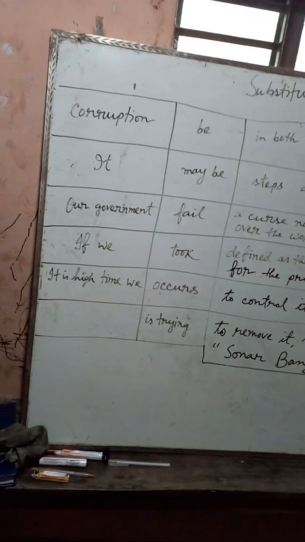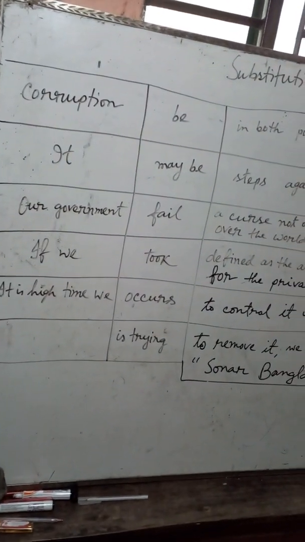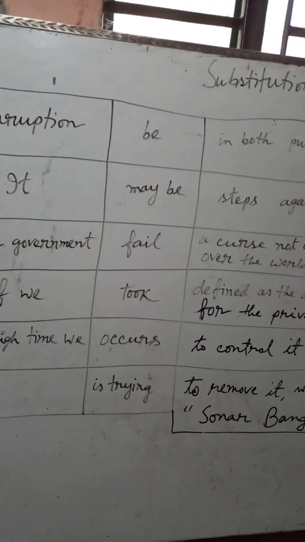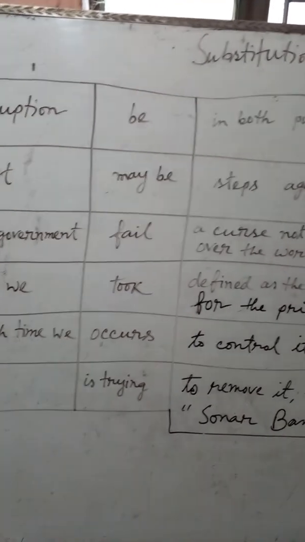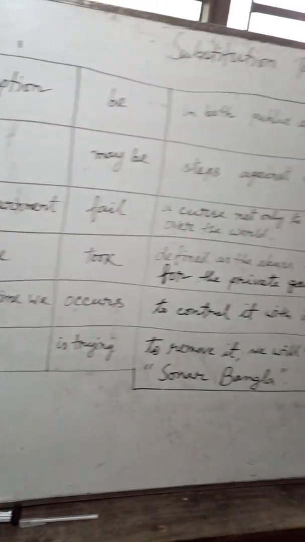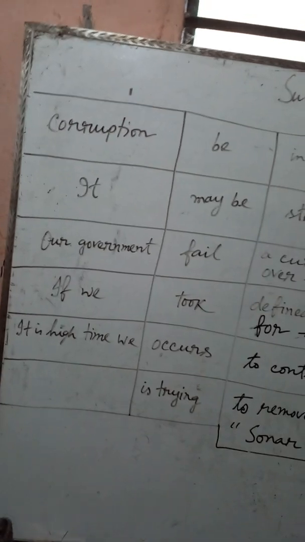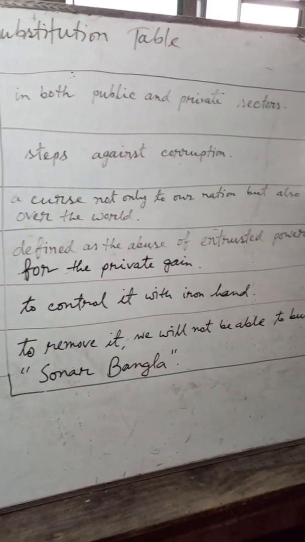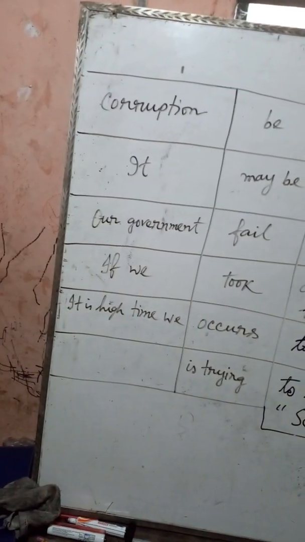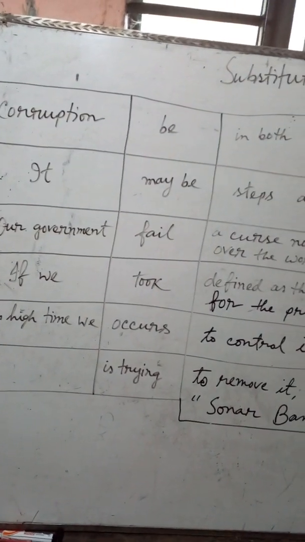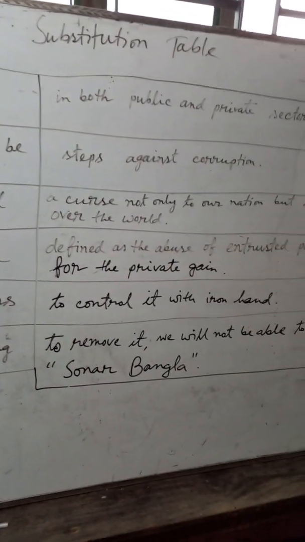Then if we fail, yes, if we fail to remove it, we will not be able to build Sonar Bangla. I repeat, if we fail to remove it, we will not be able to build Sonar Bangla.